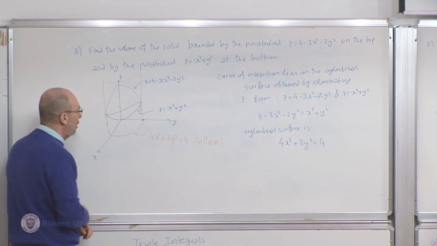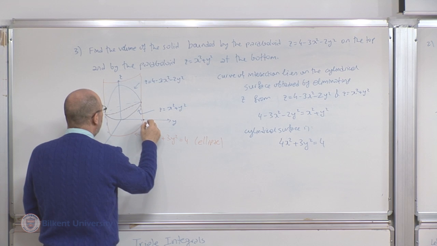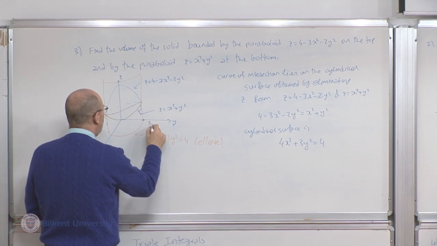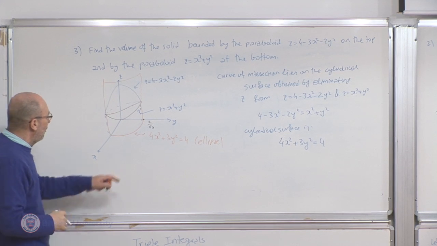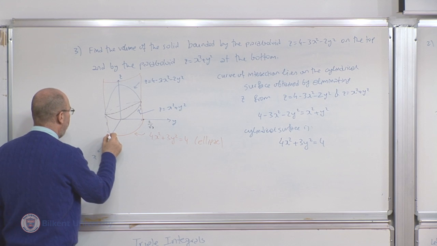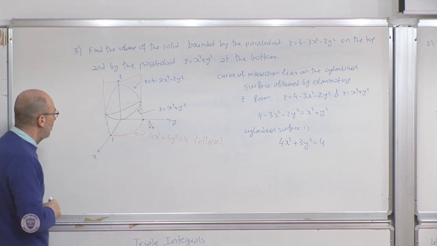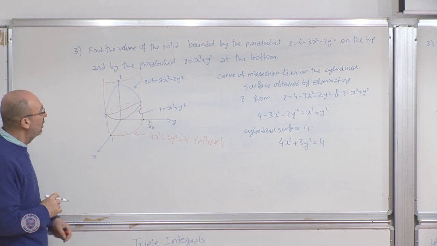The coordinate here is x equals 0, so y is 2 over square root 3. It is understood that this is the y value. The x value, when y is equal to 0, is 1. So everything is resolved here.